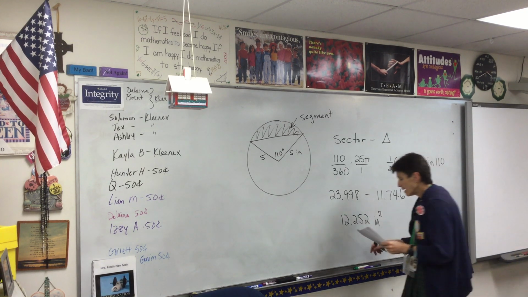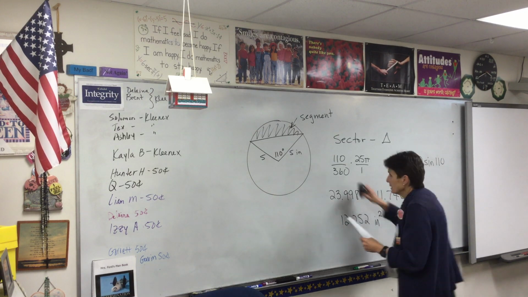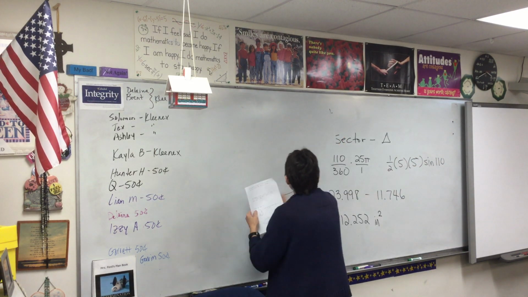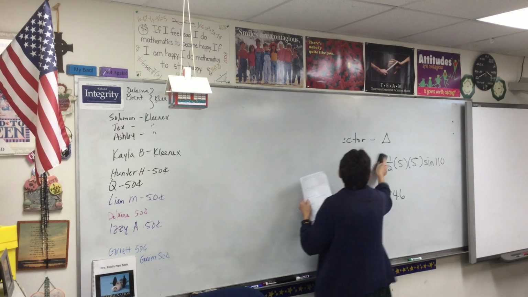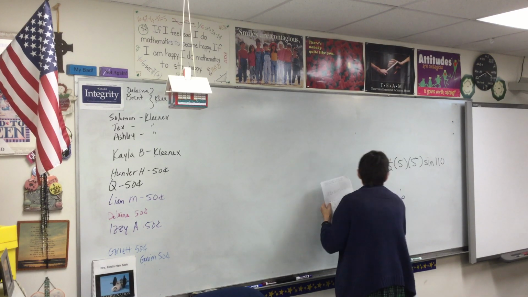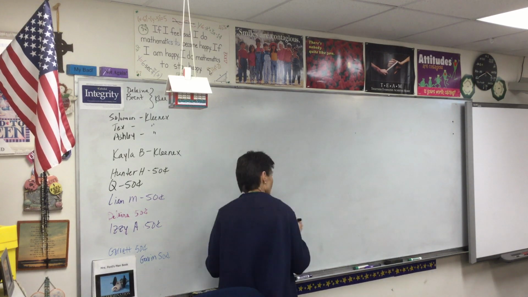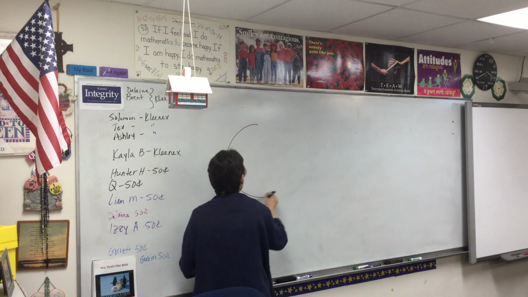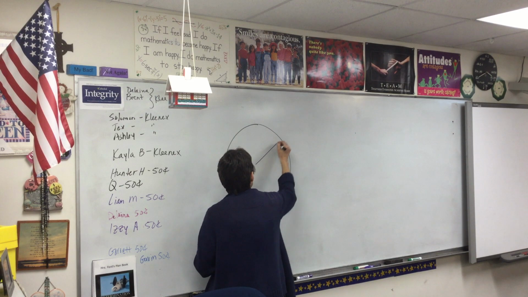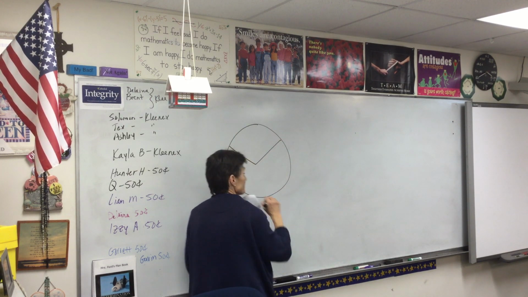So the area of a sector is 30 pi square centimeters. All right, now, stop a minute. You got to draw your own picture. The area of a sector. So remember that a sector is a piece of pie.